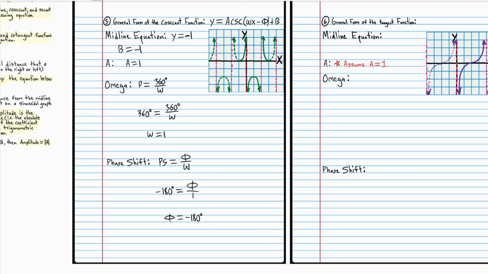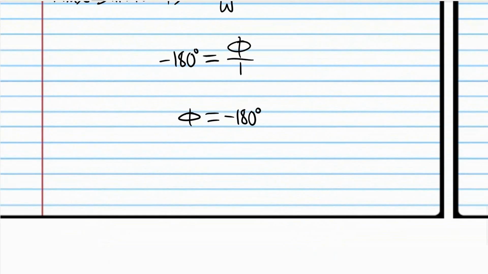A is 1, B is negative 1. So we have 1 times cosecant. Omega is also 1. Phi we just found is negative 180, so actually we're going to have a double negative.